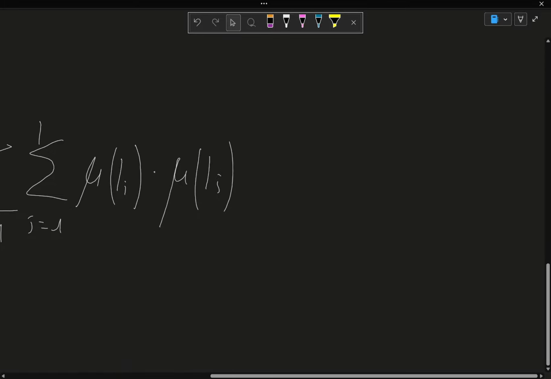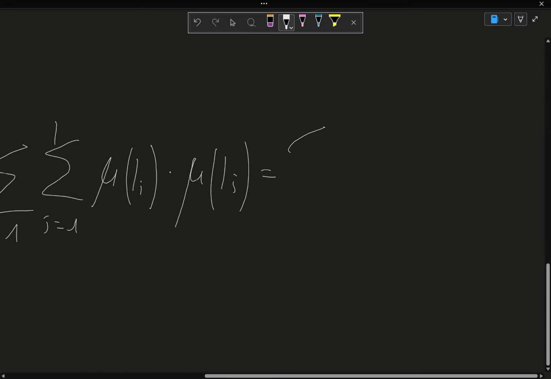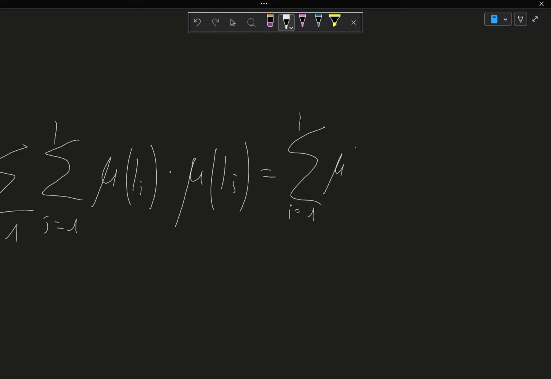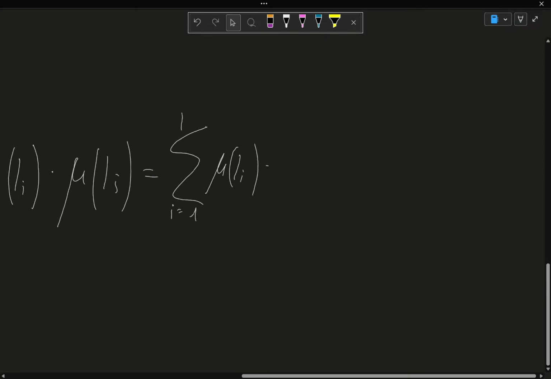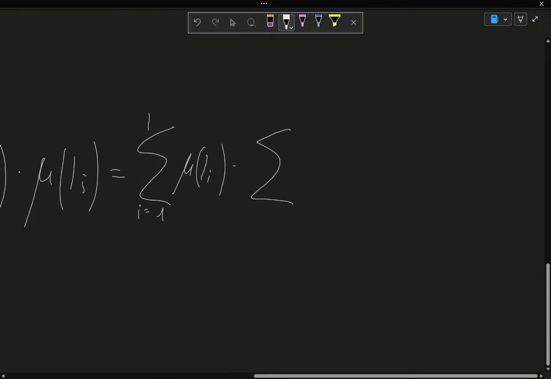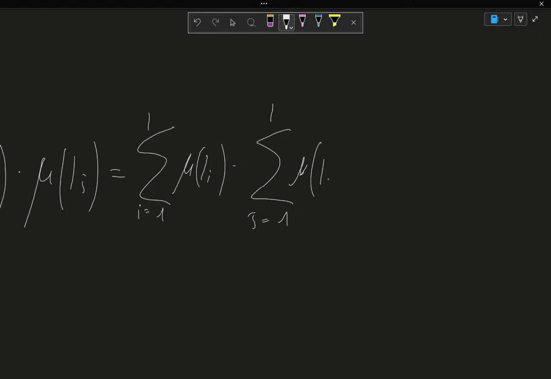and this is equal to the sum of i equals 1 up to L of mu of I_i times the sum from j equals 1 up to L of mu of I_j, which is less than epsilon squared.